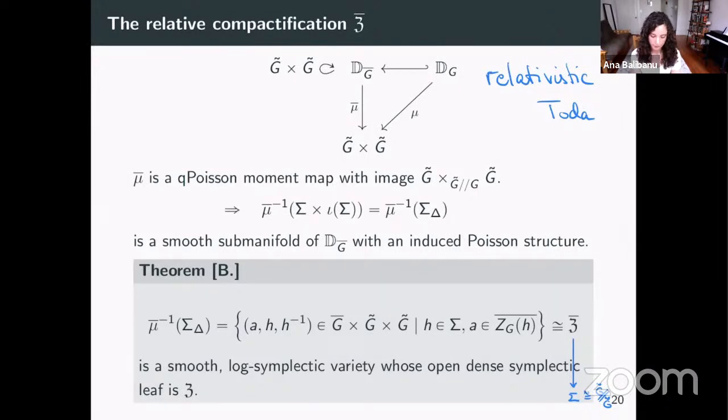So you can write in coordinates on the boundary of G bar explicitly what the vector field is in terms of the group action. In terms of coordinates on this universal centralizer, it's a bit more complicated to put canonical coordinates on this, the way that we put canonical coordinates on the wonderful compactification.